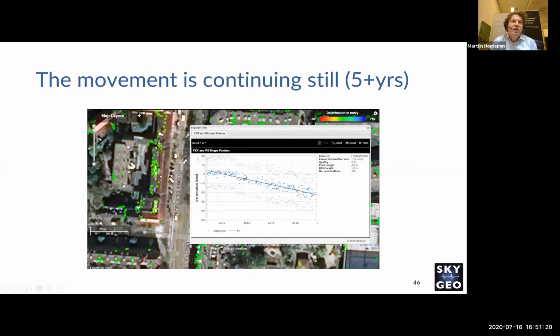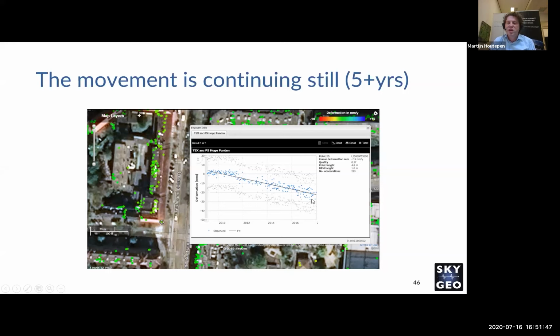It drops down, and here we can use the grayish dots to follow one ambiguity, so one error downwards. But still the movement continues here, and it might have stabilized in the last part, but 5 years later, this building still seems to move.